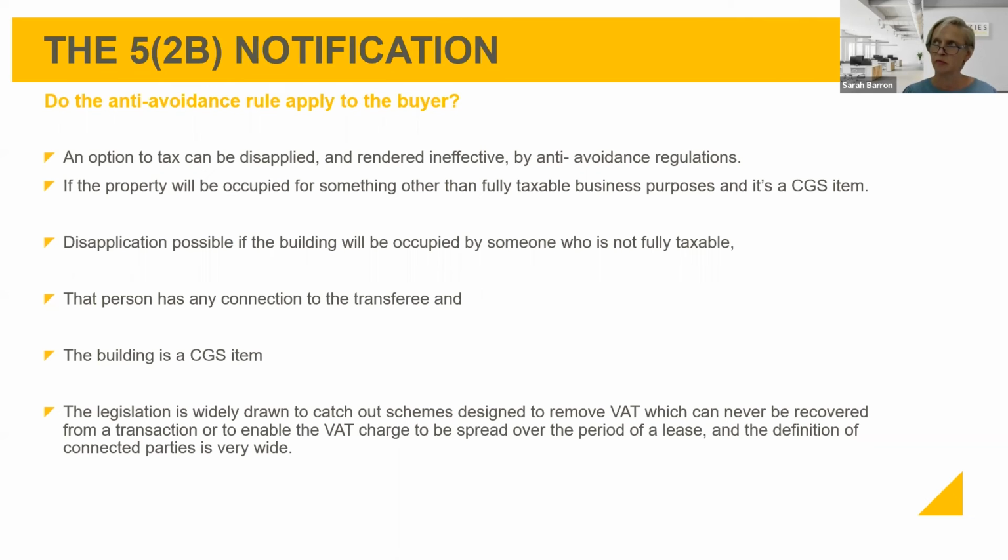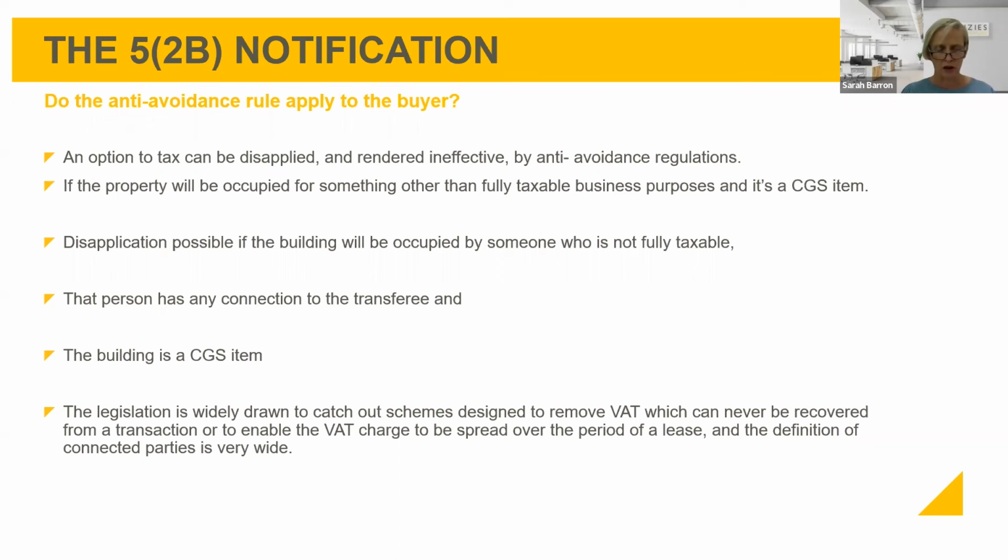It's a nice boost to the cash flow if the holding company was able to claim back the VAT that it incurs on the property up front and then drip it back down into the insurance business as irrecoverable VAT over a number of years rather than having a big hit up front. But the anti-avoidance legislation says no, that's not allowed. You can't take advantage of the rules in that way. Your option to tax is going to be disapplied.